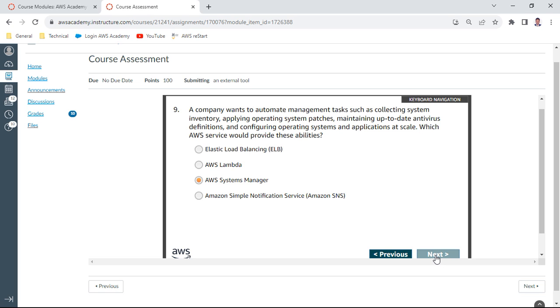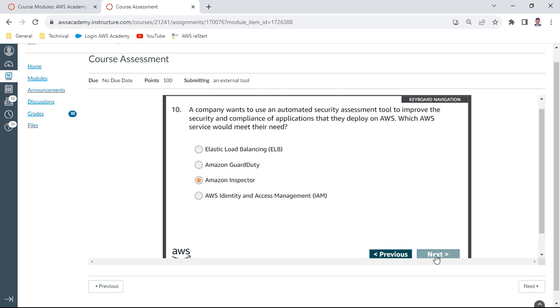The ninth one: a company wants to automate management tasks such as collecting system inventory, applying operating system patches, maintaining up-to-date antivirus definitions, and configuring operating systems and applications at scale. Which AWS service would provide these abilities? Systems Manager. The 10th one: a company wants to use an automated security assessment tool to improve the security and compliance of applications they deploy on AWS.